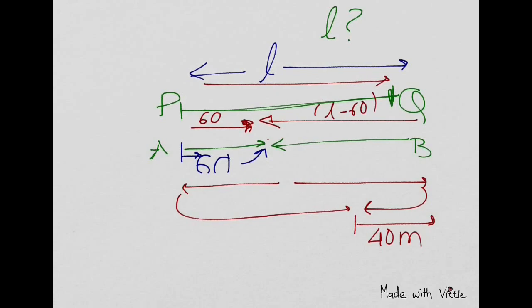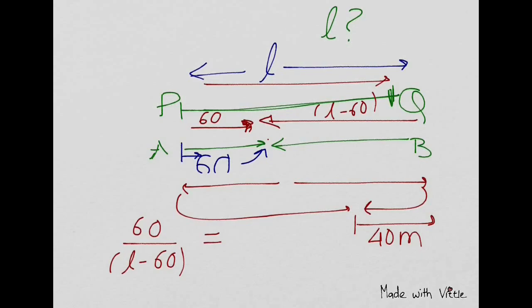In the first meeting, A will have traveled 60 and B will have traveled L minus 60, and this is the ratio of speed. Then we analyze the second case and form the second equation and solve it, which is a very easy method.